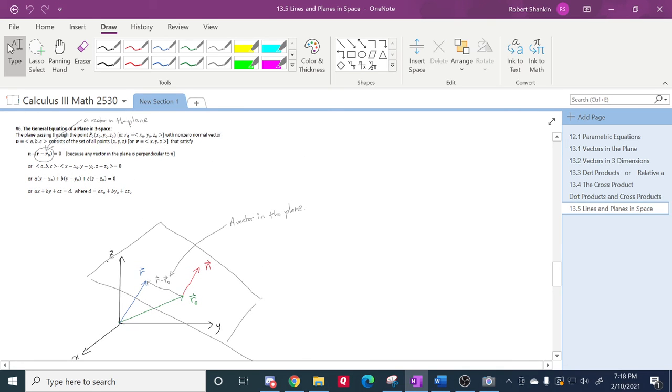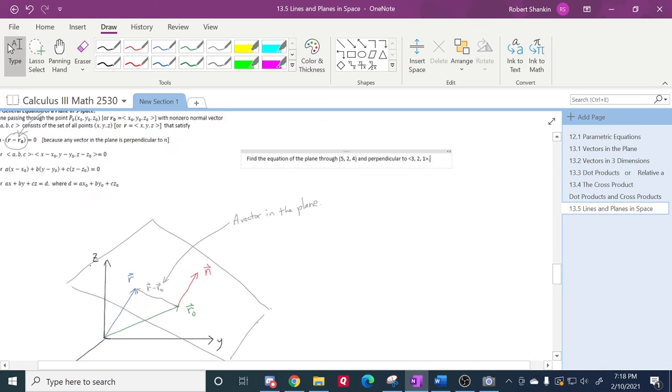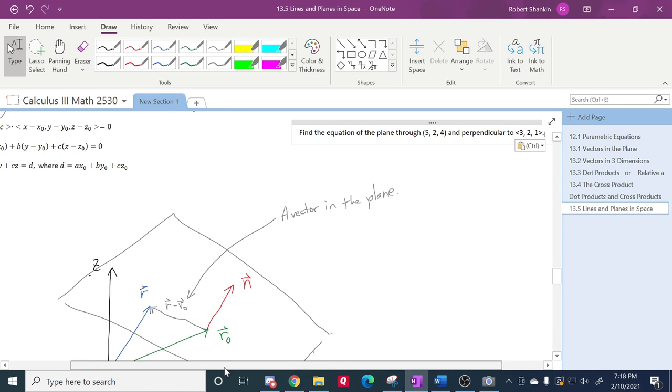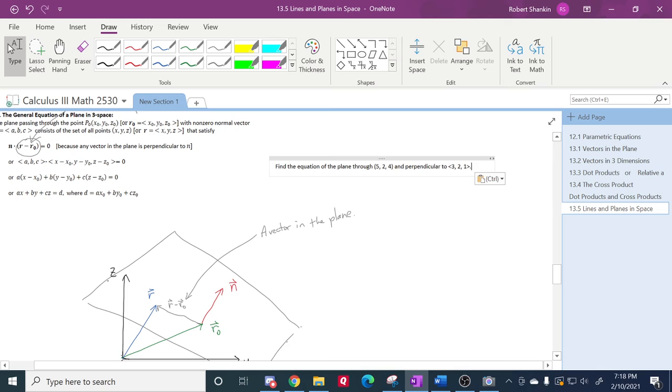Transfer that question up to here, so you can see the question and the formulas in the same view.